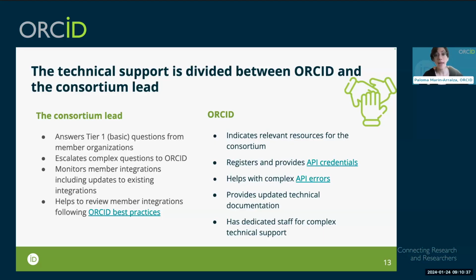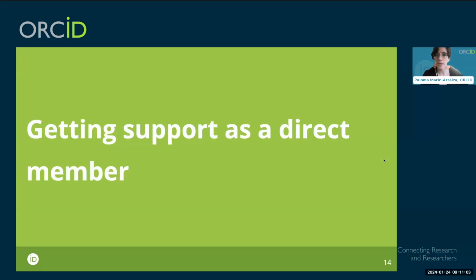We will definitely help with complex API errors, those errors that aren't already documented and might not be very clear for the consortium member. We keep our technical documentation always updated, and we also have dedicated staff for this complex technical support. We work, as mentioned, always together with the consortium lead.